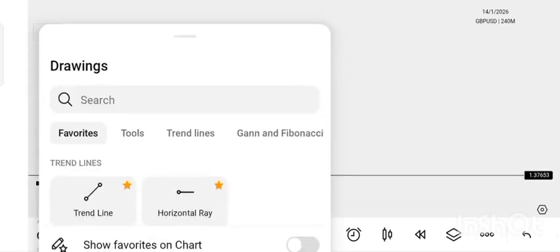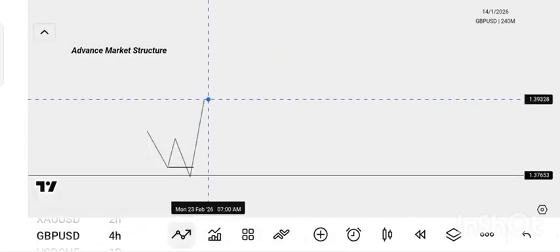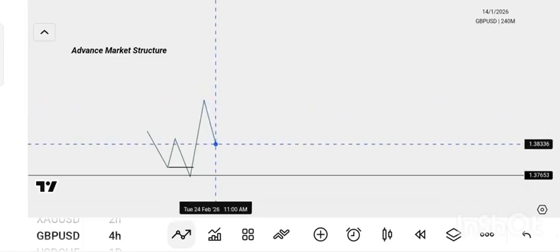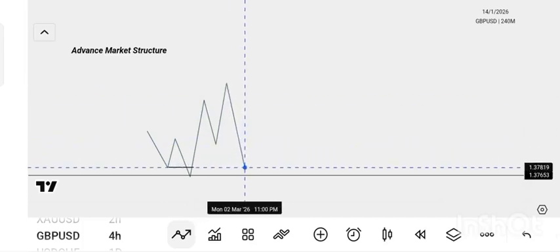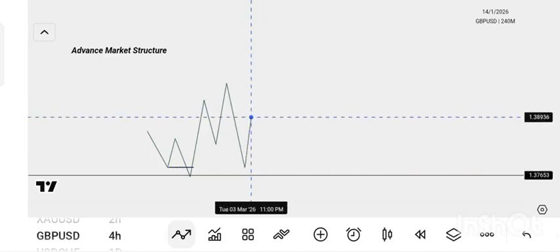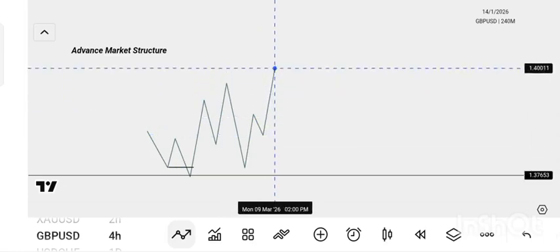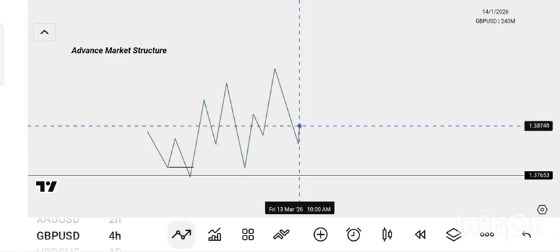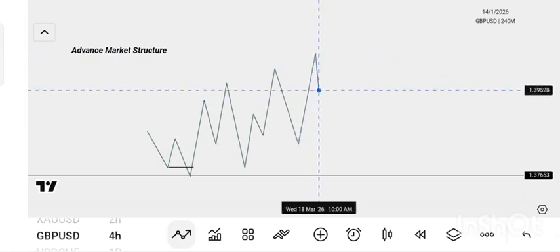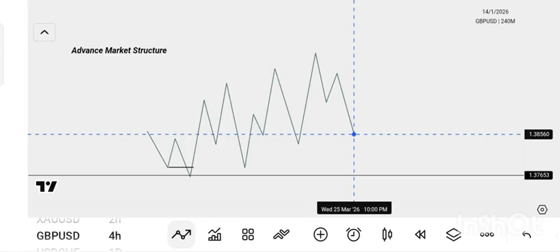So what we should expect price to be doing in an advanced form is, we want to see price create a low, at least like this, then come to take out the high, and price comes back again, takes out the low, does something like this, takes out the low, creates again, does like this, just like this.